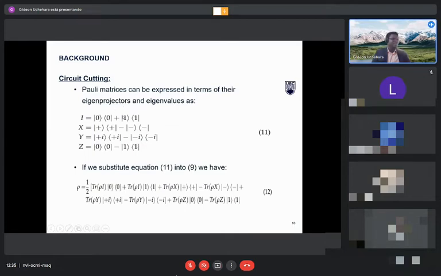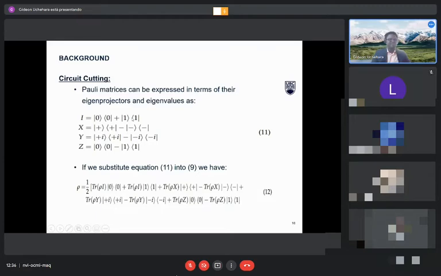Now we want to look at a different way to express the different Pauli observables: the identity, Pauli X, Pauli Y, and Pauli Z. We are expressing them with respect to their eigenprojectors and eigenvalues. For the identity, the eigenvalue is +1 and then +1 again, and the states can either be state 0 or state 1.